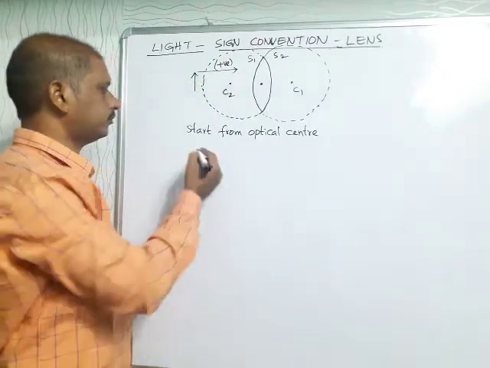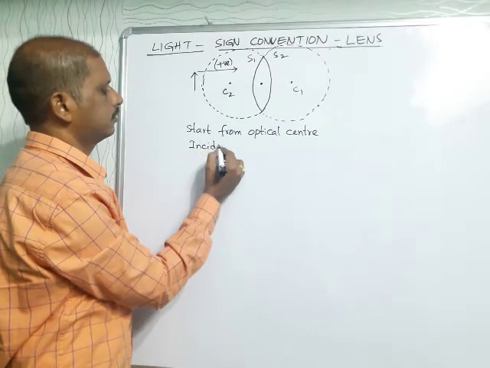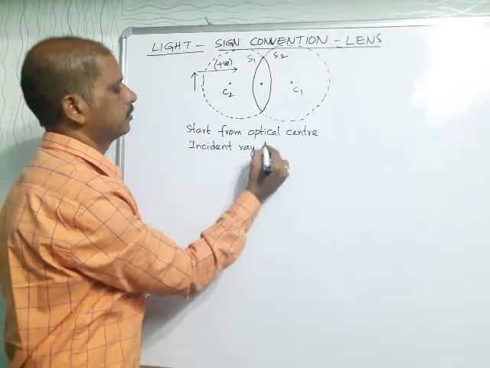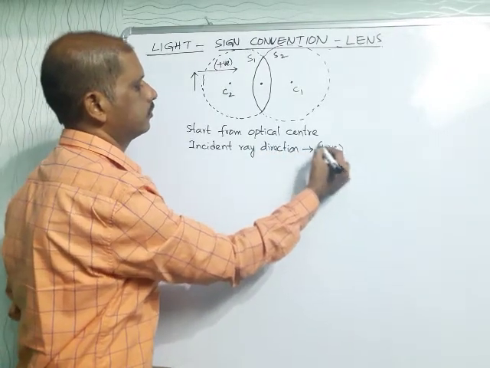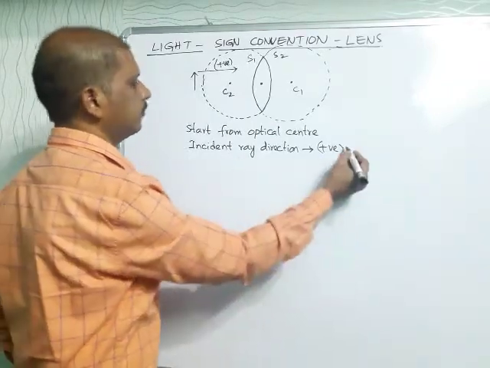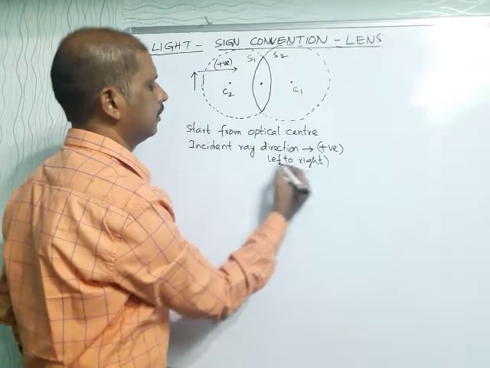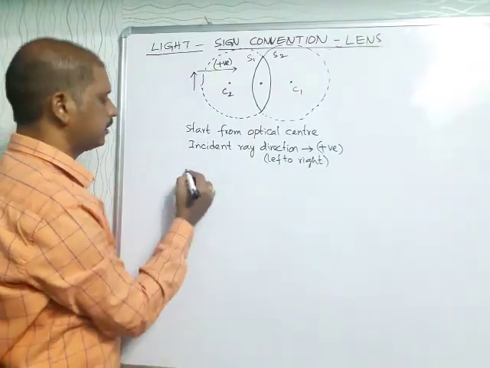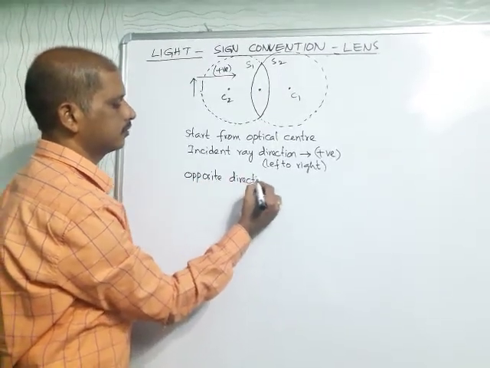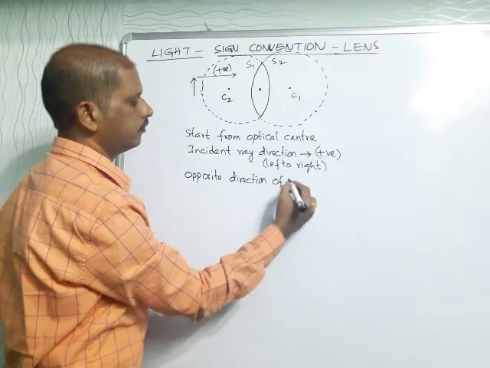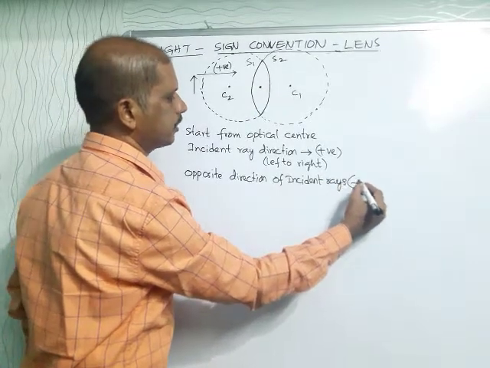This is one more rule. So the incident ray direction should be considered as positive. This is nothing but left to right. The opposite direction of the incident rays should be considered as negative.